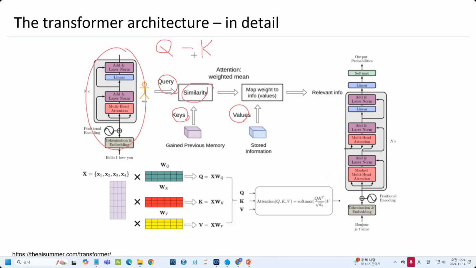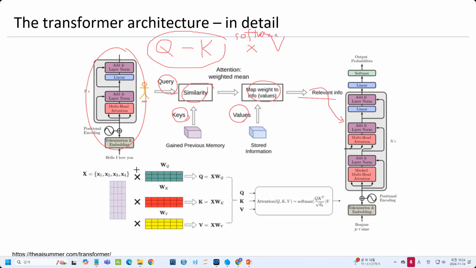After we have the QK similarity, we want to map it into the values. So this one will be multiplied with the value after we do the softmax. And the relevant info will enter this decoder.